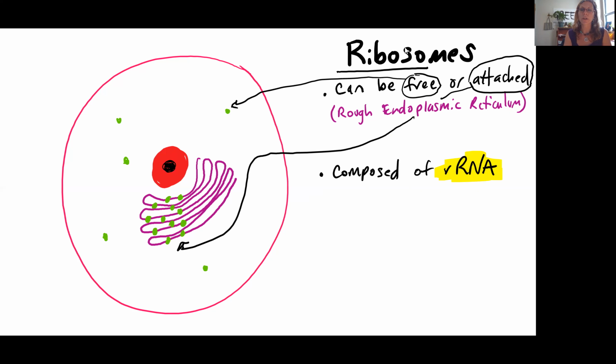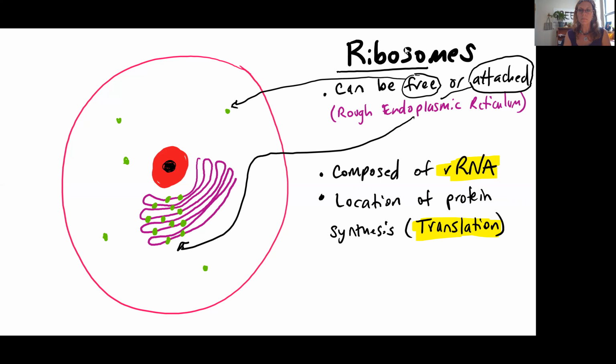Our ribosomes are composed of that little r, big RNA, which remember is standing for ribosomal RNA. So there's a direct relationship here. The nucleolus makes the rRNA, and then the rRNA is going to form the ribosome. The ribosome is the location of protein synthesis. So that means we're going to make our protein here.